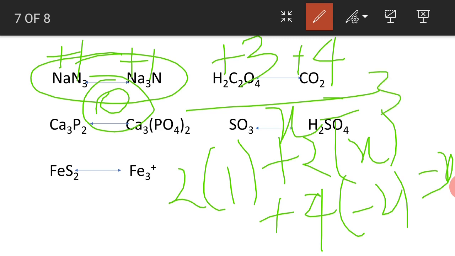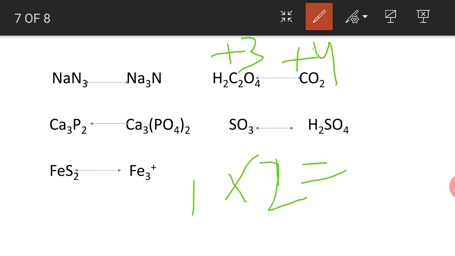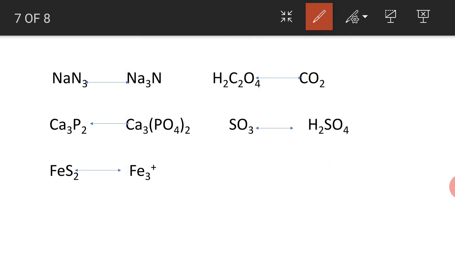Right, it's correct. So +3 oxidation state and +4 oxidation state. So the change in oxidation state is 1 and the number of atoms is 2, so the N factor will be 2. And for the reverse reaction, the answer will be 1. So in this case, the N factor for the forward and backward reactions are different.